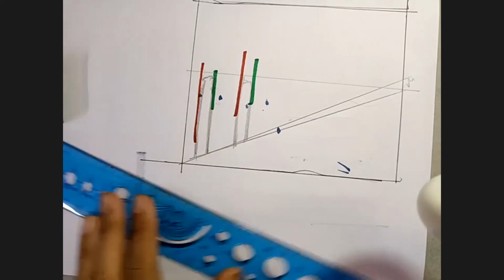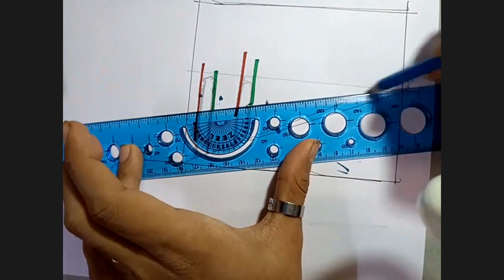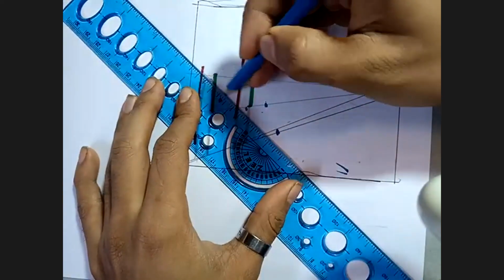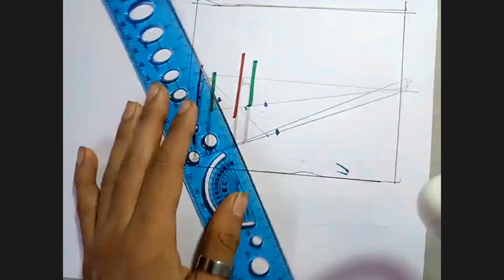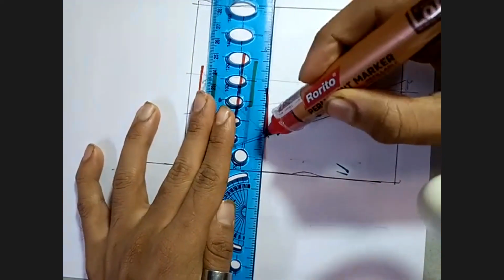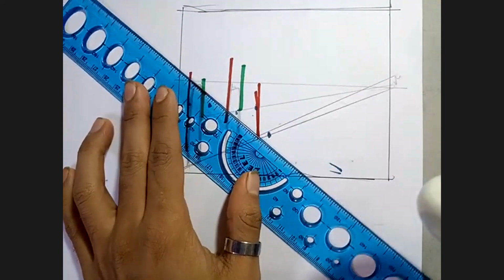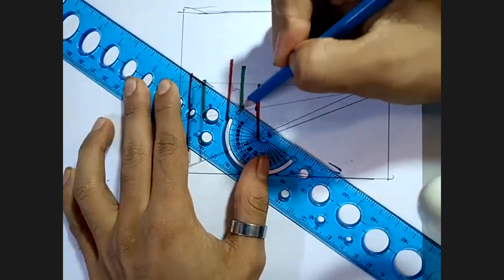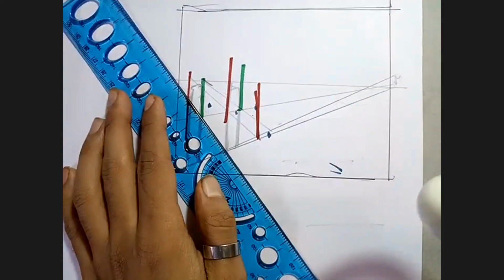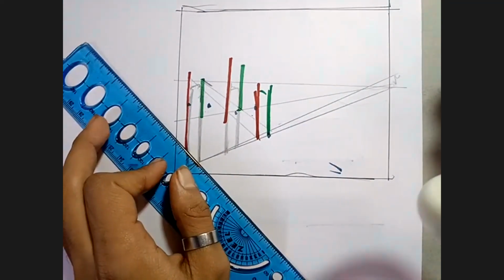I need to connect the center of them, and then from this first set I cross over and I get the equivalent of that. Similarly, from the second set as well, I cross over this and this, and I have the equivalent of that. See, simple.